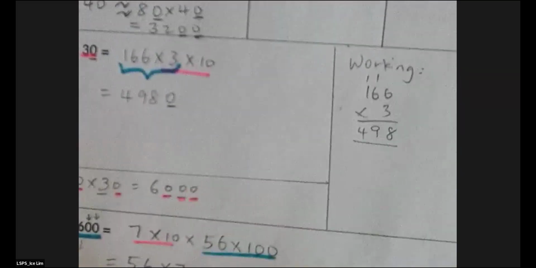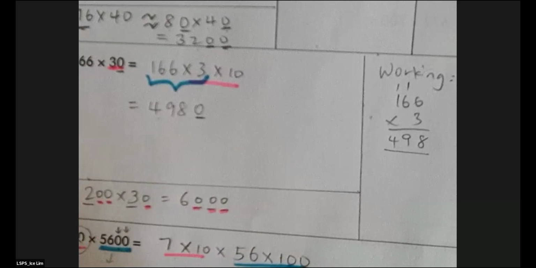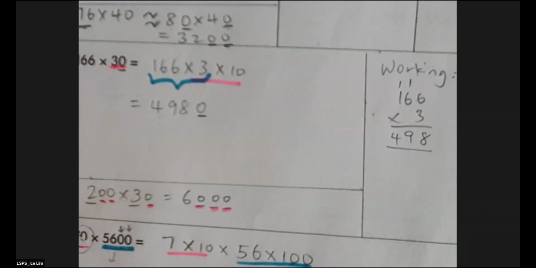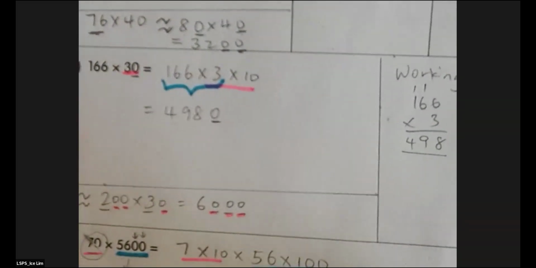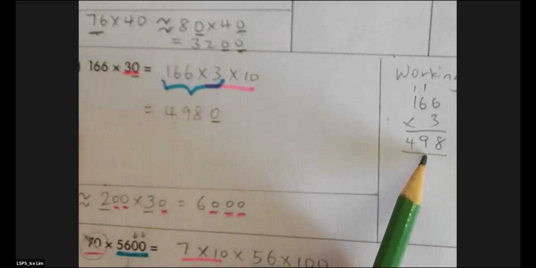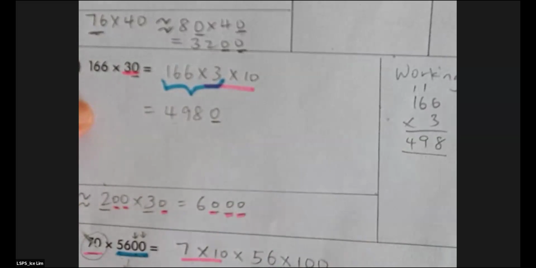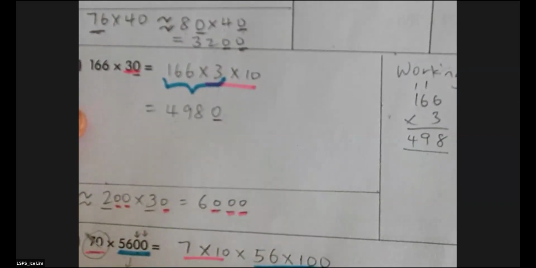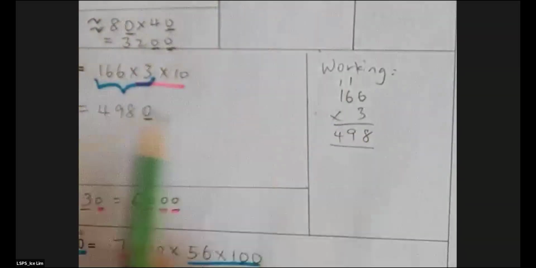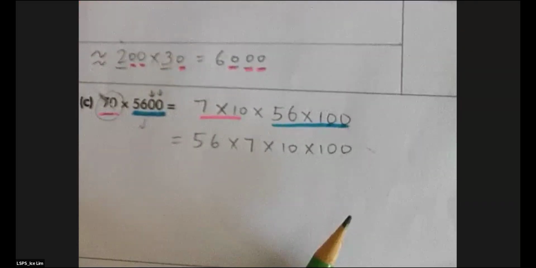So why am I teaching you this particular method? It helps us check easily later on where I made a mistake, if there's any. You can see very clearly the steps.